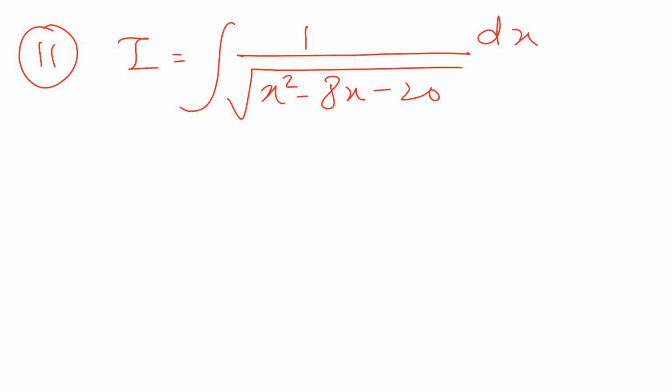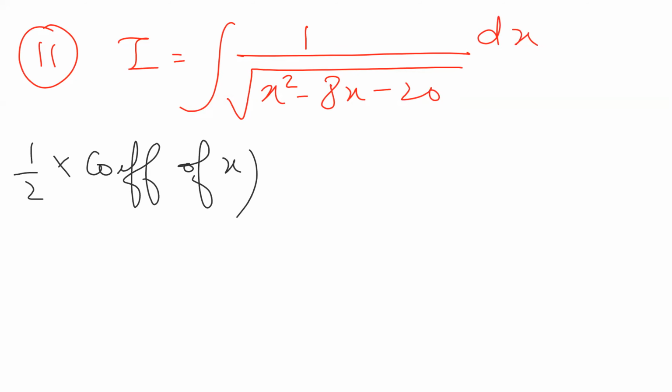First and foremost, is there any coefficient of x square? No. So if there is no coefficient of x square, no point of eliminating anything. So half into coefficient of x the whole square.